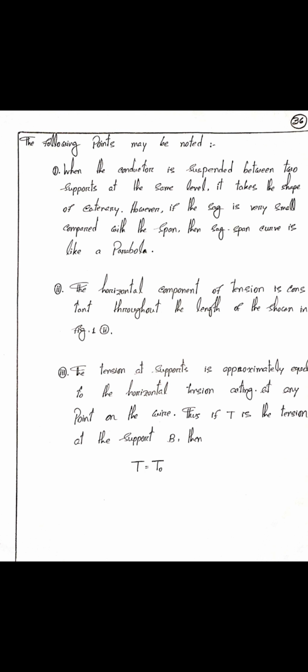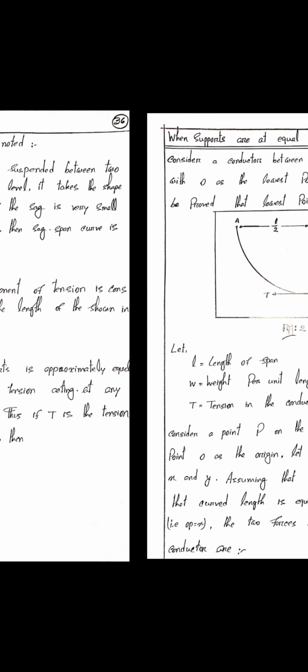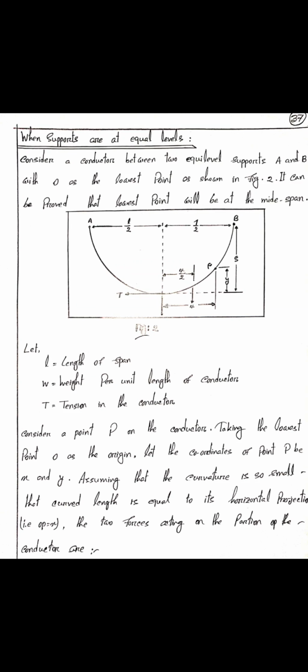However, if the sag is very small compared with the span, the sag span curve is like a parabola. The horizontal component of tension is constant throughout the length of the conductor, as shown in the figure. When supports are at equal levels, where L is the length of span, w is weight per unit length of conductor, and T is tension in the conductor.